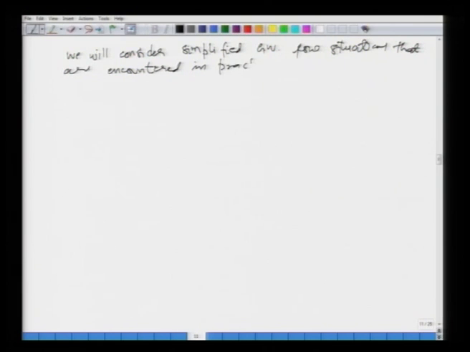The first one of such cases we will consider is the confined aquifer. And in this what we will look at is steady state one dimensional flow in a confined aquifer.